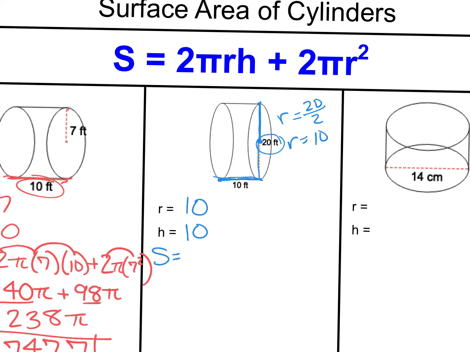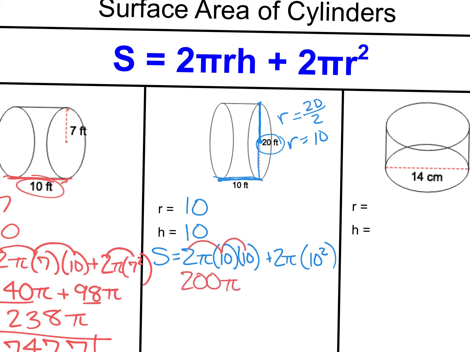So surface area equals 2 times pi times the radius of 10 times the height of 10 plus 2 times pi times 10 squared. All right, again, next step, I'm going to simplify, do some math. So 2 times 10 is 20, times 10 is 200 pi.